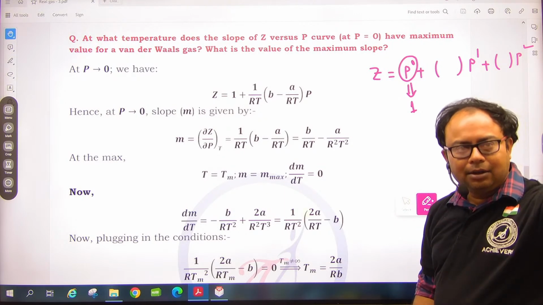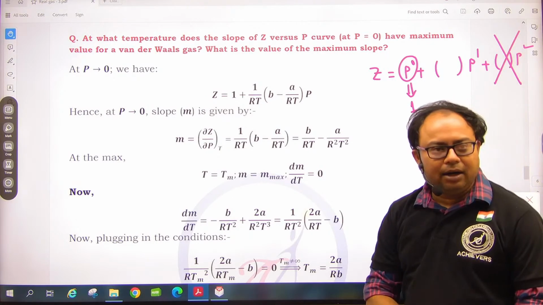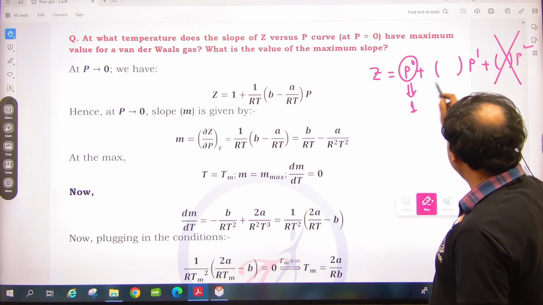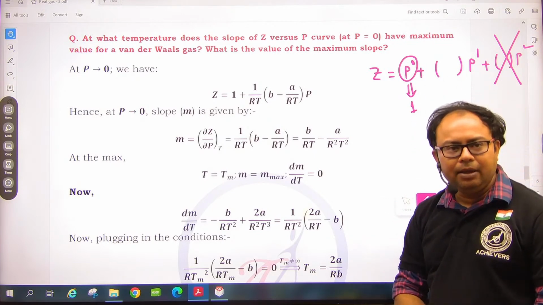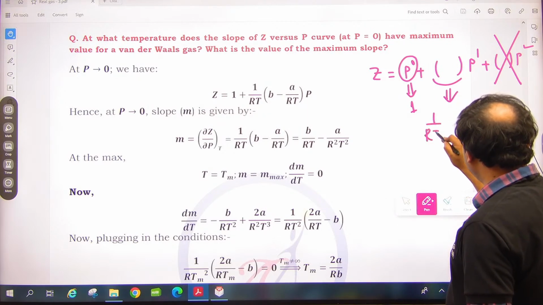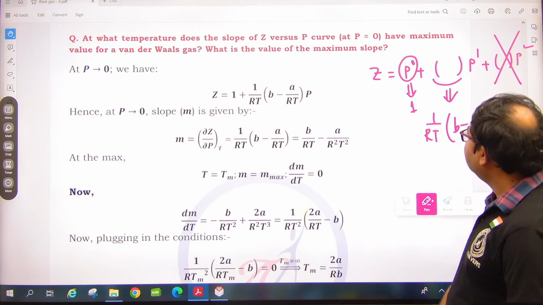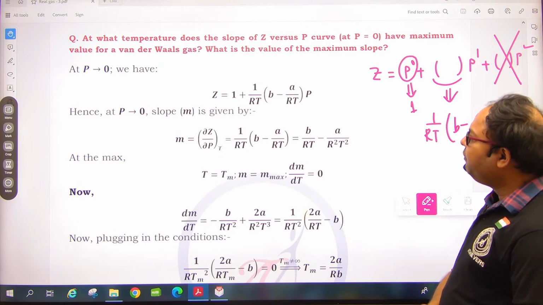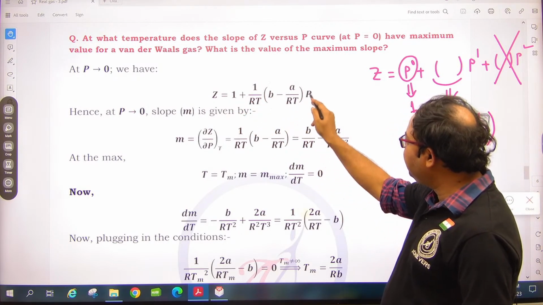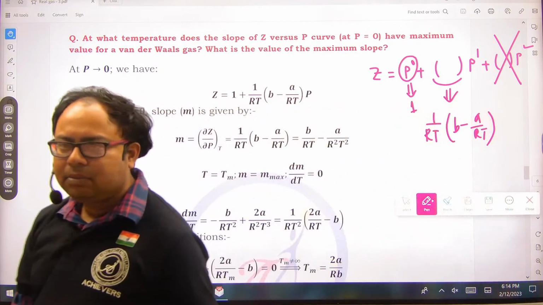Now at very low pressure, we always neglect the third term, which contains P square. So Z becomes 1 plus something multiplied by P. And what is this something? We have already derived it: it's 1 by RT multiplied by (b minus a by RT). So at low pressure, Z is equal to 1 plus 1 by RT times (b minus a by RT) multiplied by P. We did this.